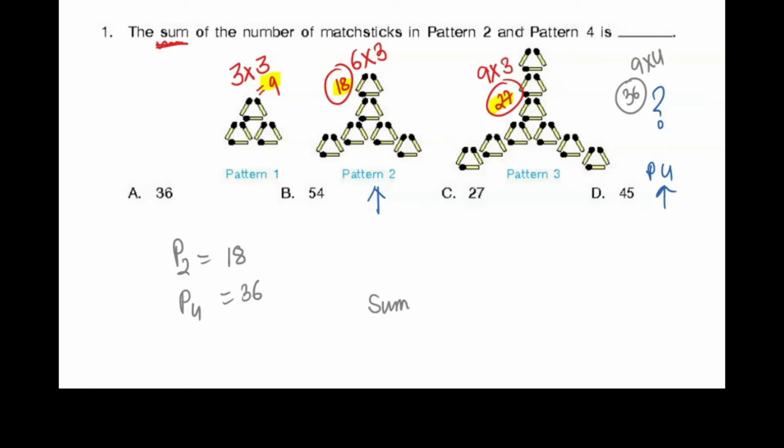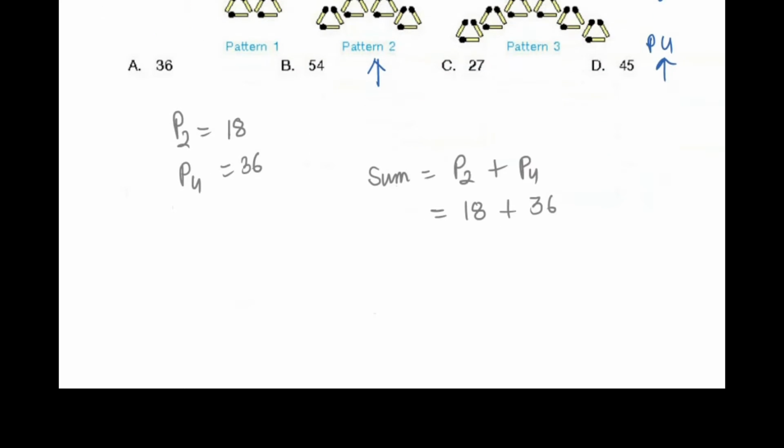Sum means addition. We will add pattern 2 and pattern 4. After adding them up, you will get answer 54. 54 means option B is correct, right? Option B. So this option is correct.